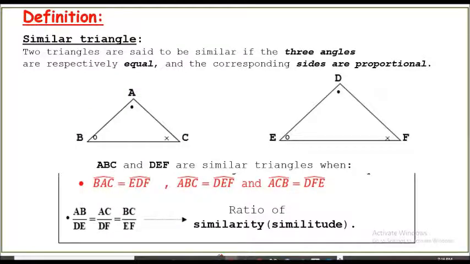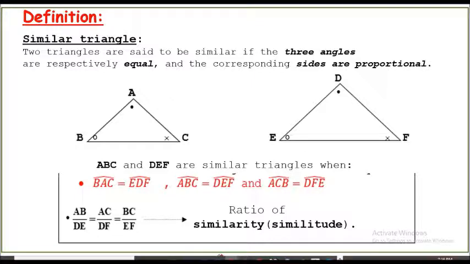So here comes the definition of similar triangles. What's the meaning of two similar triangles? We say that two triangles are similar if the three angles are respectively equal and the corresponding sides are proportional.